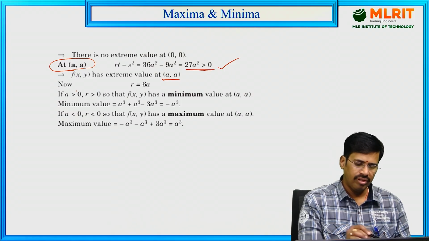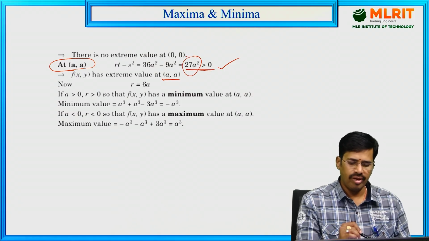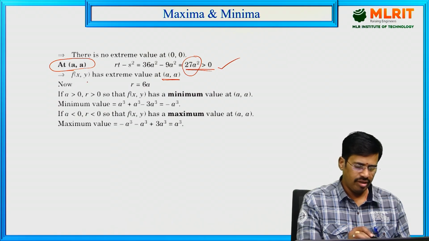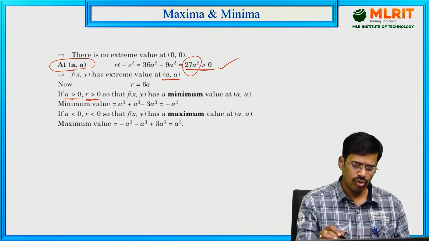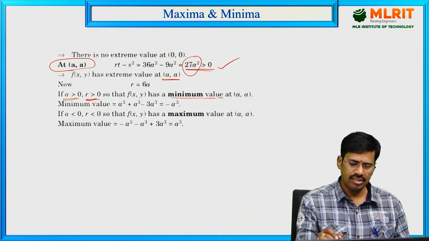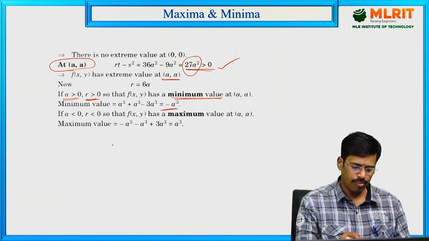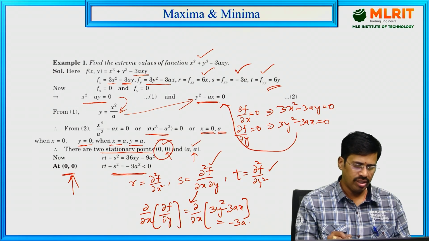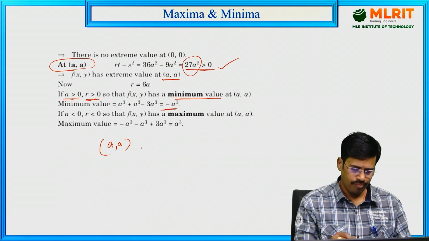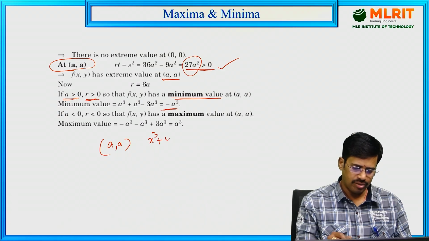In this 27a square there should be different cases. If a is greater than 0 and r is also greater than 0, then the function has a minimum value, and that minimum value is minus a cube. How did we get this? Substitute the point (a, a) in the given function. What is the function? x cube plus y cube minus 3axy.